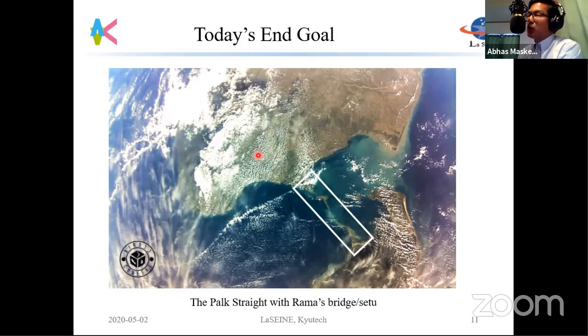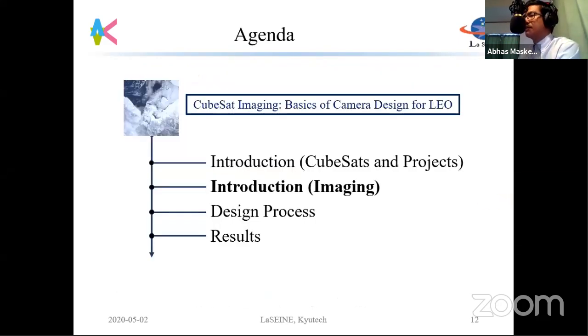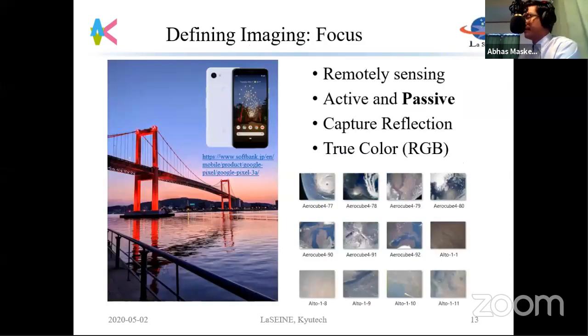And today's end goal will be to try to take an image from space. Okay, so what does it take? How do we think about designing? What's the process involved in going from start to finish to be able to take an image like this? Okay, let's move on to imaging.